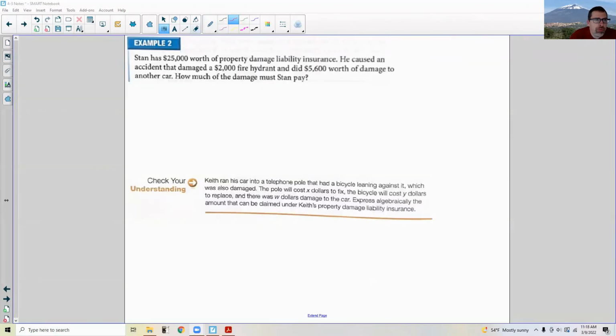Okay, example 2. Stan the man. Stan has $25,000 worth of property damage liability insurance. He caused an accident that damaged a $2,000 hydrant and did $5,600 worth of damage to another car. How much of the damage must Stan pay? Okay, so to answer this question, they will pay up to $25,000 worth of property damage.